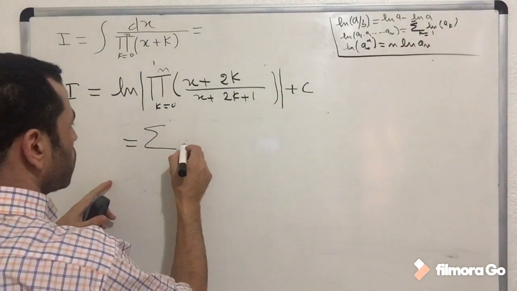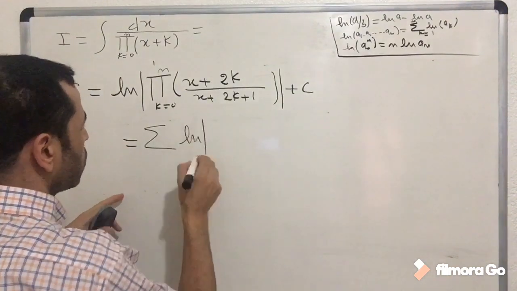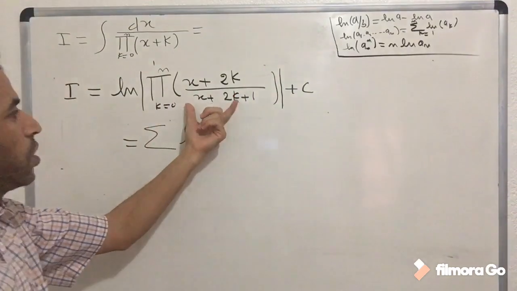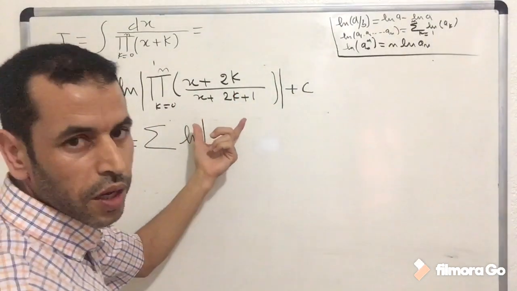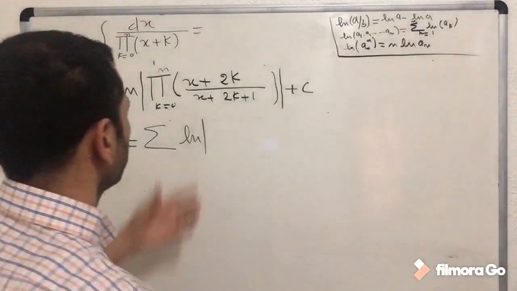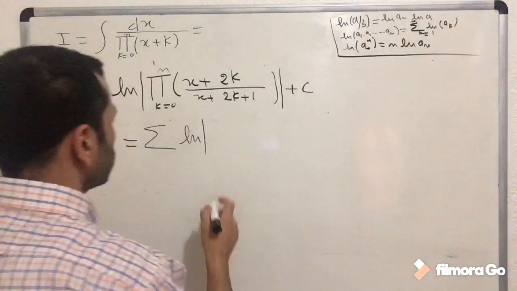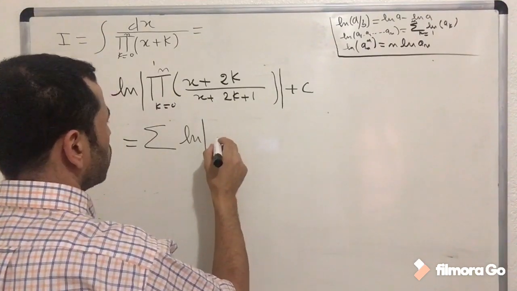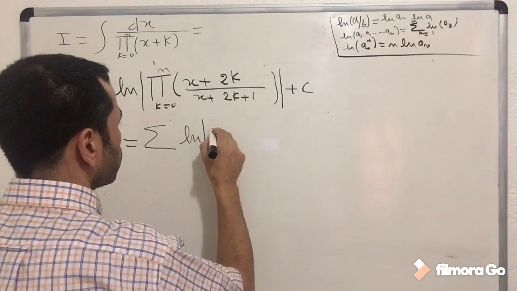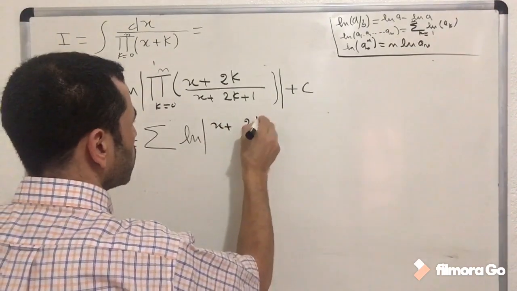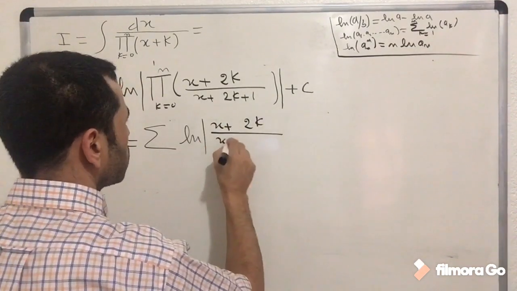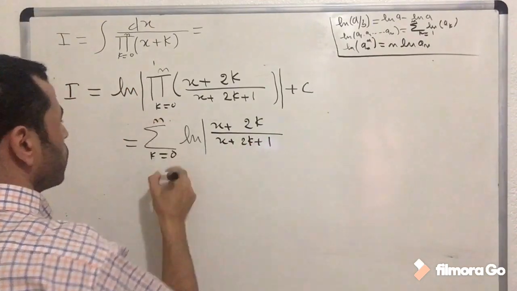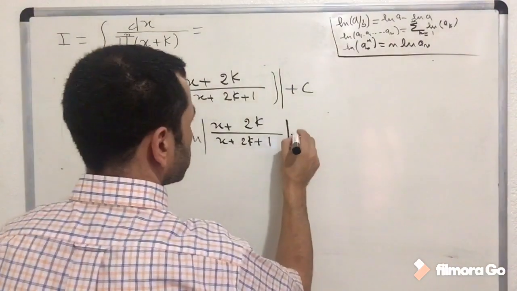So this becomes natural log with absolute value, because we don't know the sign of this term. It may be positive, it may be negative, we don't know yet, because we don't have any condition that says so. So we have to put the absolute value inside the logarithm. So x plus 2k over x plus 2k plus 1, k from 0 to n, plus c.